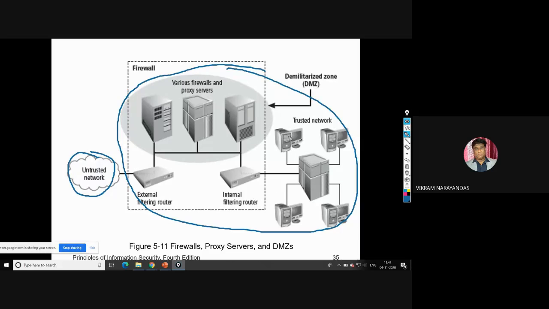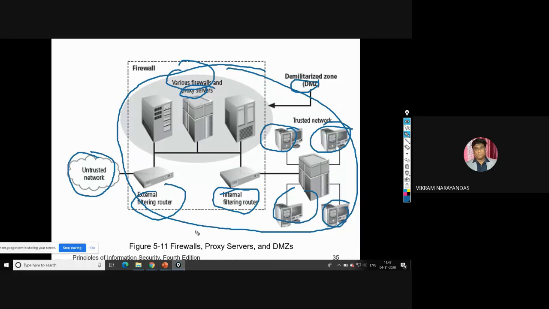I can use a demilitarized zone, various firewall types, and proxy servers. I can use an IDS also, the host-based IDS. I can use the network-based IDS to check the pattern of the traffic flowing between the untrusted network as well as the trusted network.